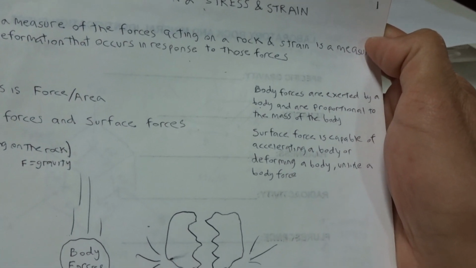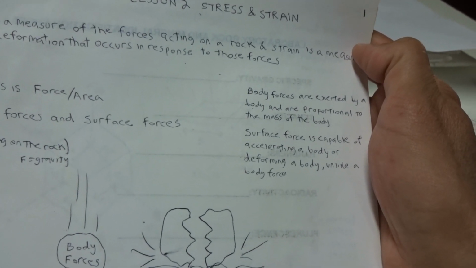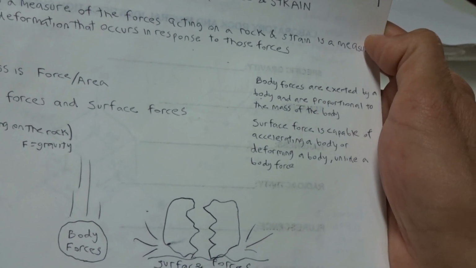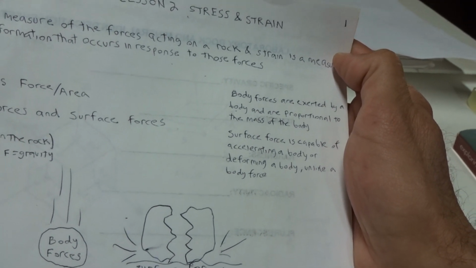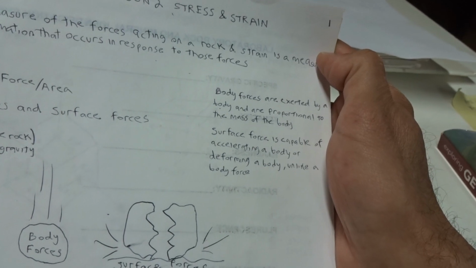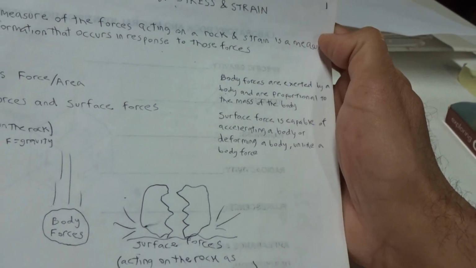When it hits the ground it has a force upwards that instantaneously or almost instantaneously stops the velocity of the acceleration of the rock, acting on the rock as the ground pushes back. This deforms the body. Body forces are exerted by a body and are proportional to the mass of the body. Surface forces are capable of accelerating a body and deforming a body, unlike a body force.